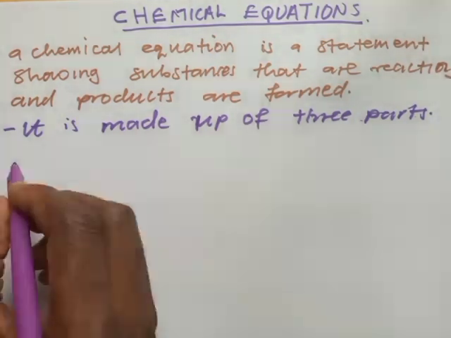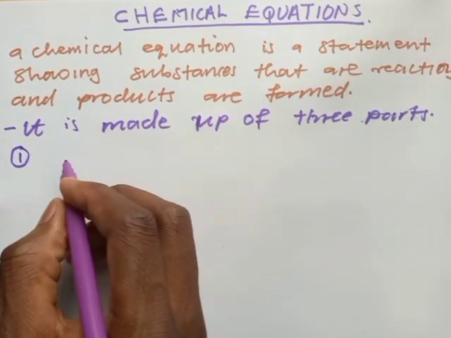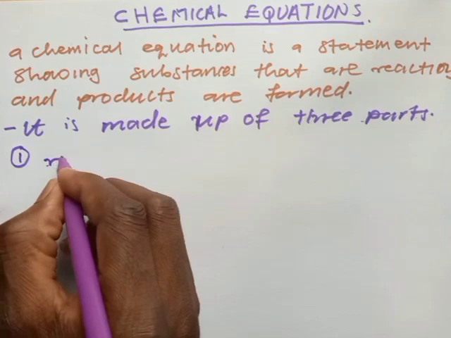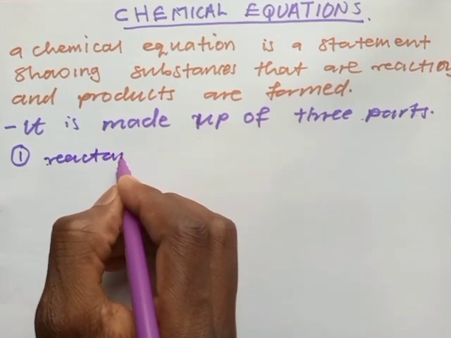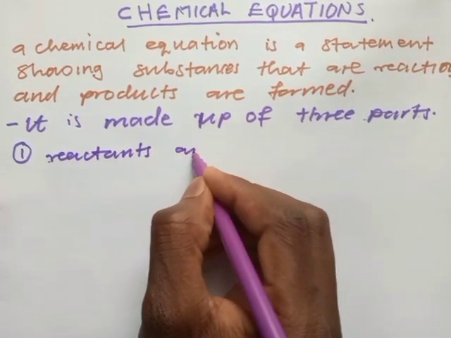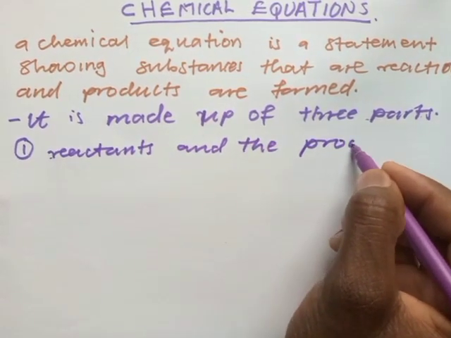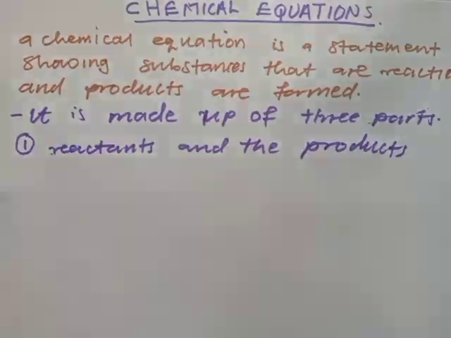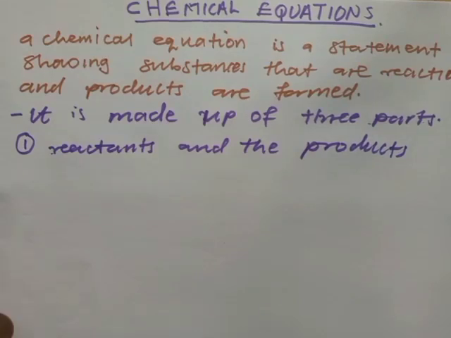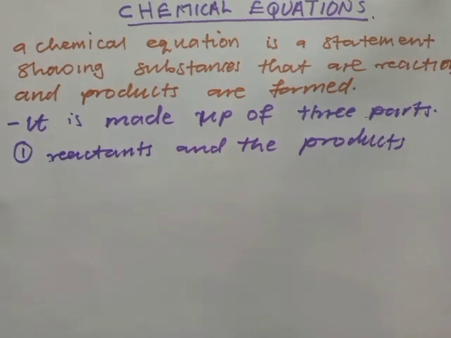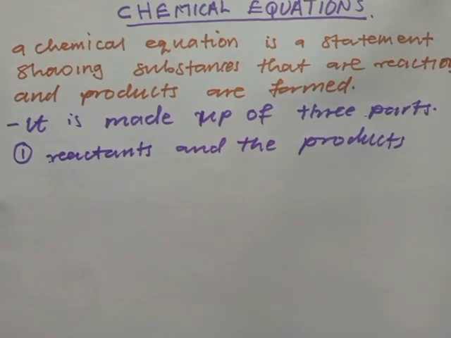What are those? One, a chemical equation must have the reactants and the products. For example, if you are reacting two things, or rather if you are trying to combine two things, those things that are combining, we say they are called reactants.